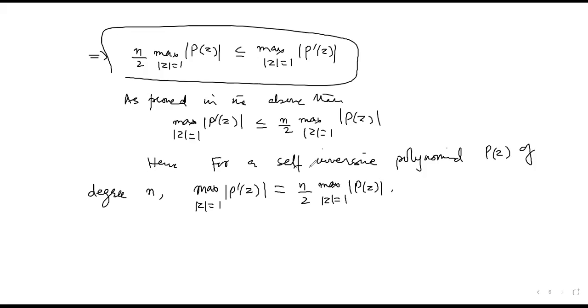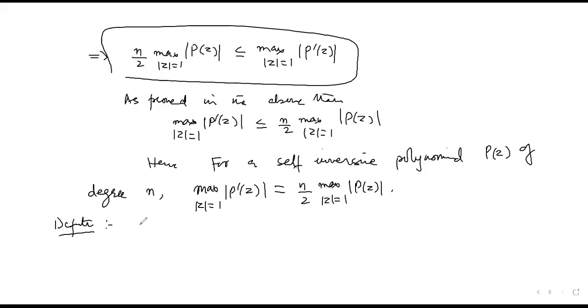So that is done. Now we can similarly define what we call a self-reciprocal polynomial. So again, it's a definition. It is slightly different from the self-inversive polynomial.